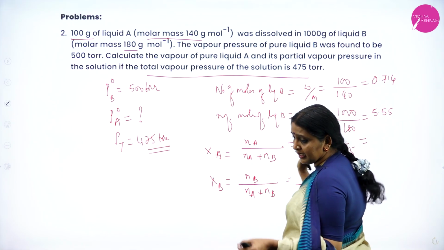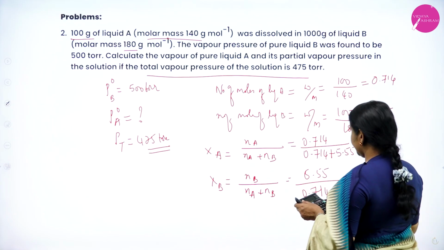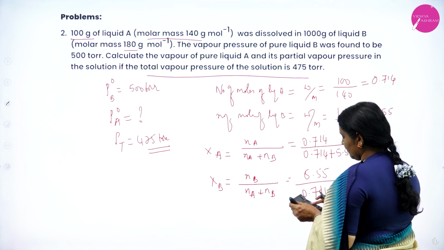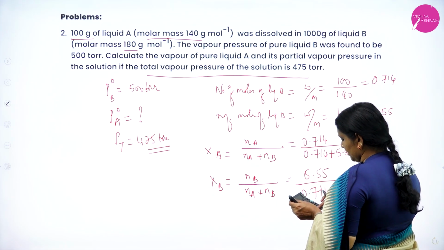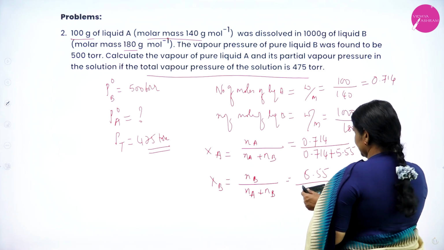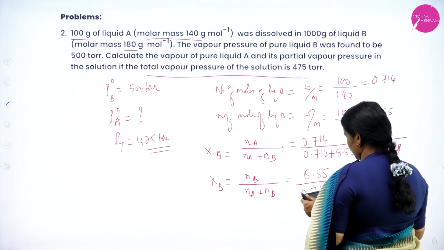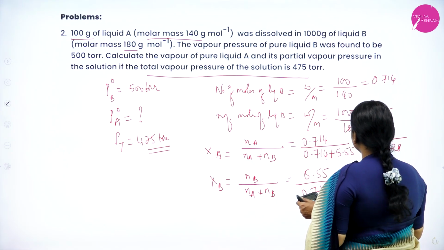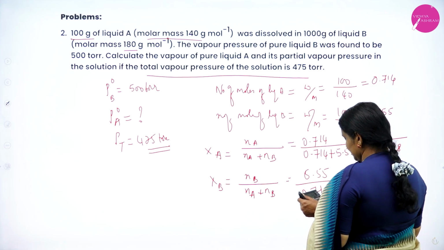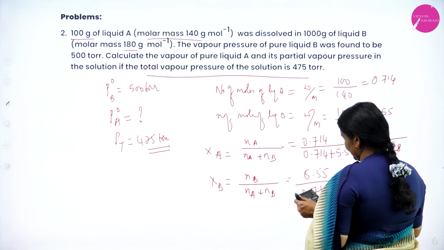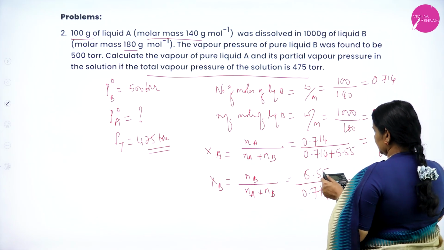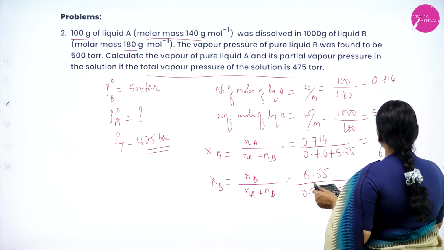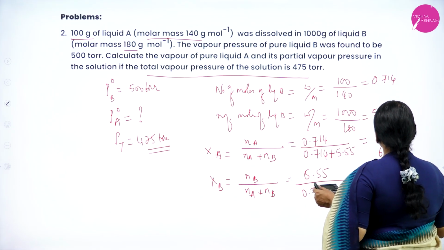If you simplify that, 0.714 plus 5.55 is equal to 6.264.